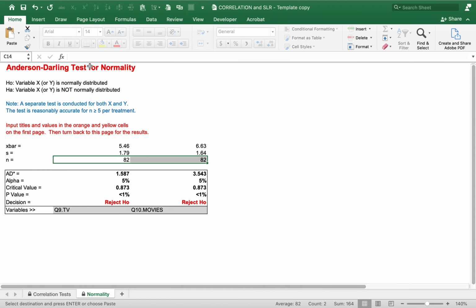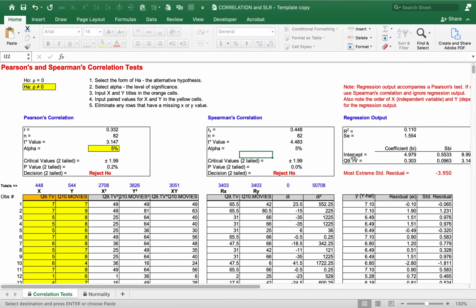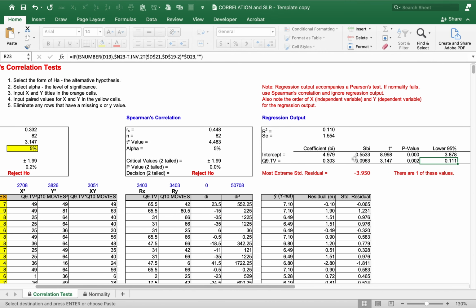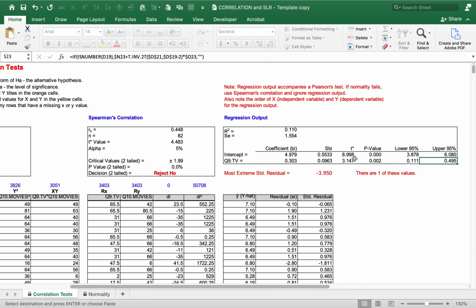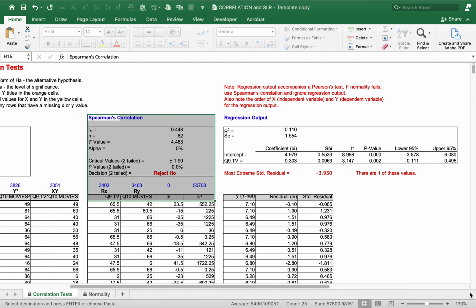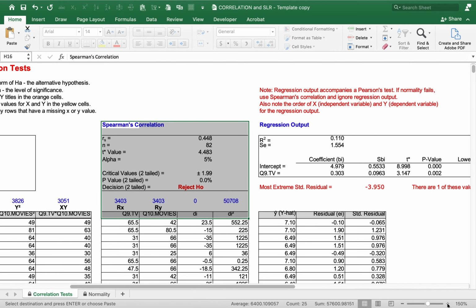But we don't even look at this page because we're dealing with ordinal variables, and so we're not asking the question whether they're normally distributed. We also don't look here at the regression because that's only when you're dealing with interval versus interval. So the only thing that we look at here is these Spearman results.